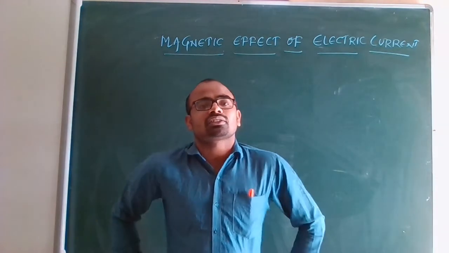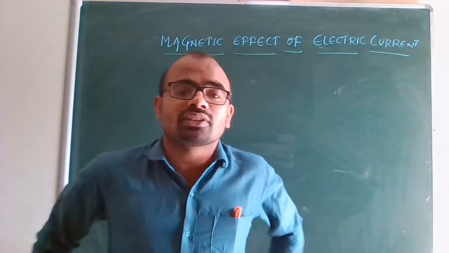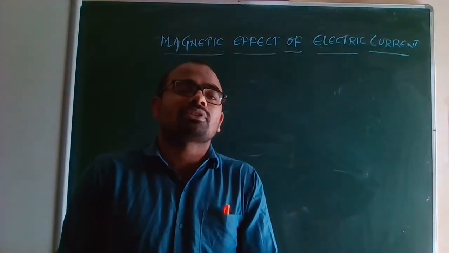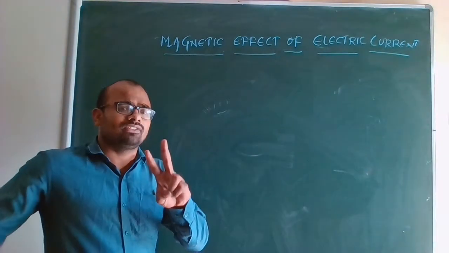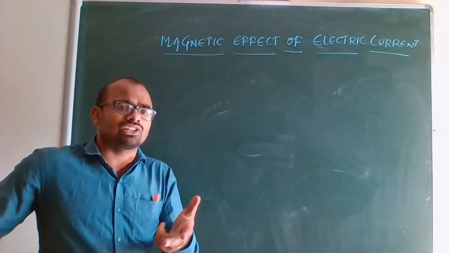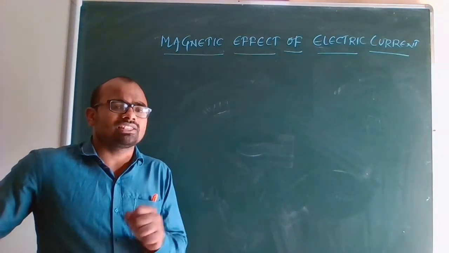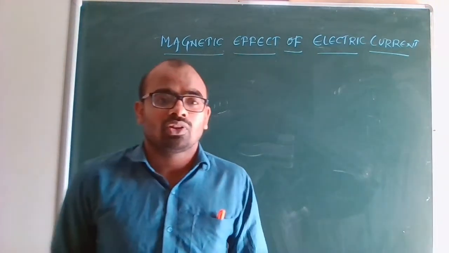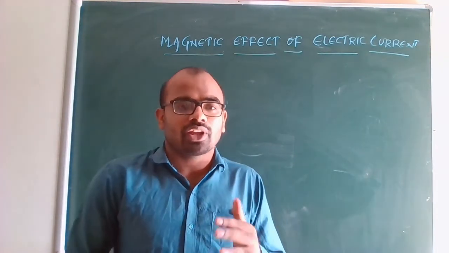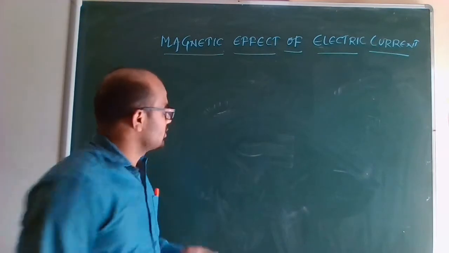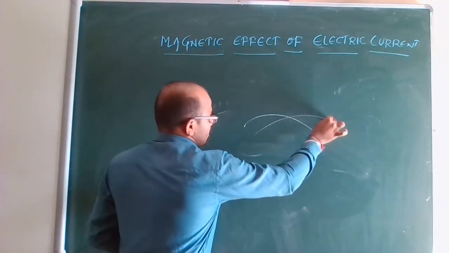Why is this? Look here, all of you. Two magnetic field lines never intersect each other. What is the most important thing here? This is one magnetic field line, this is the other.